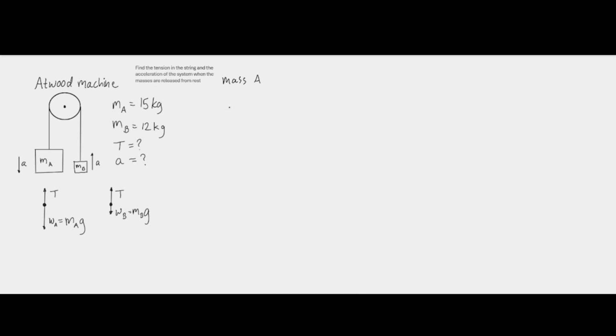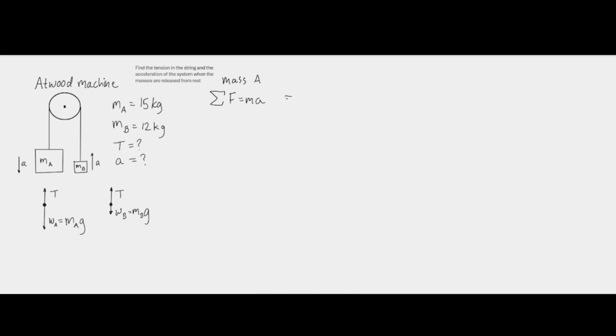We start with Newton's second law, and we know generally the equation is the sum of the forces is equal to the mass times acceleration. So I can look at these forces here and I can add them.